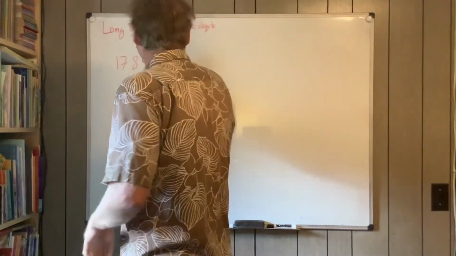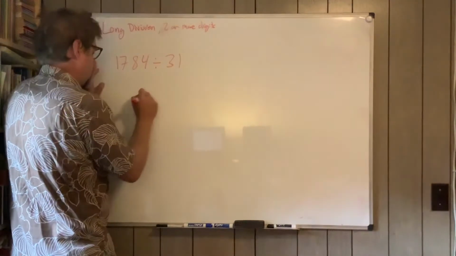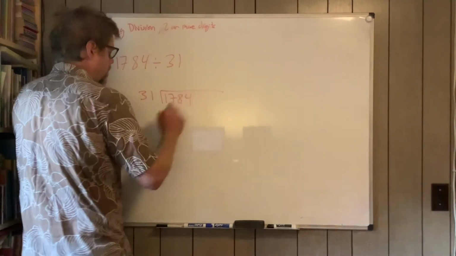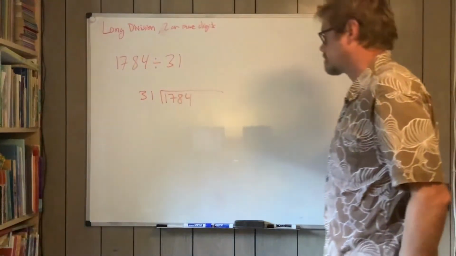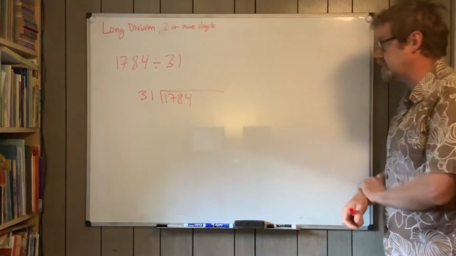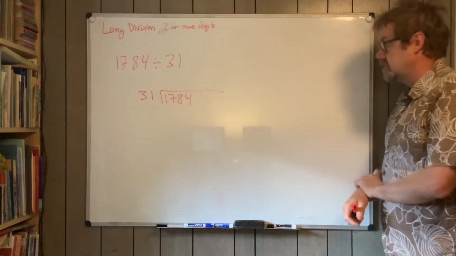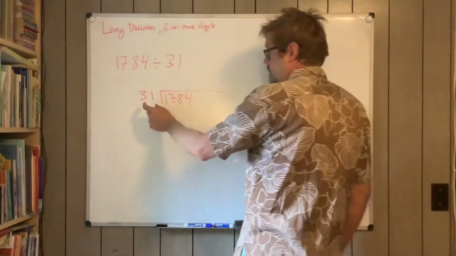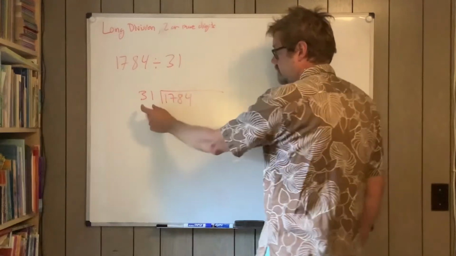Divided by 31. Okay. So we're going to try to do a lot of this stuff mentally. So this could be challenging, but we could also write down a few little things.